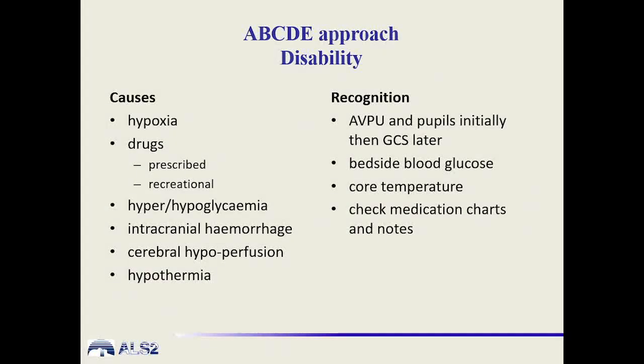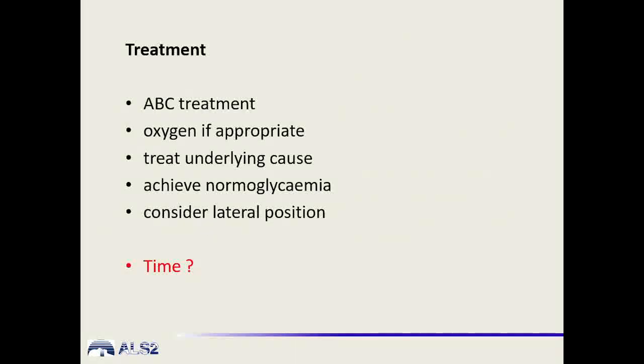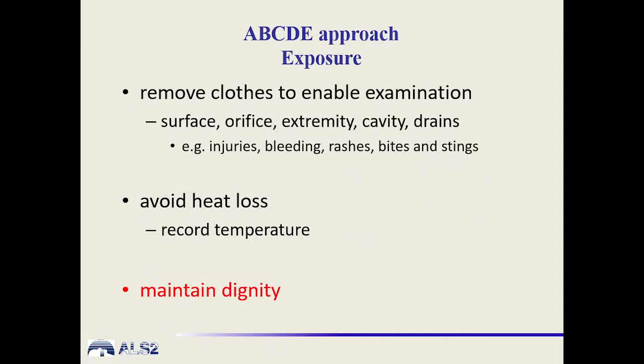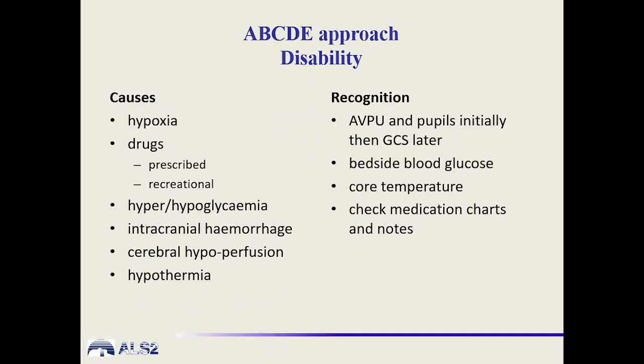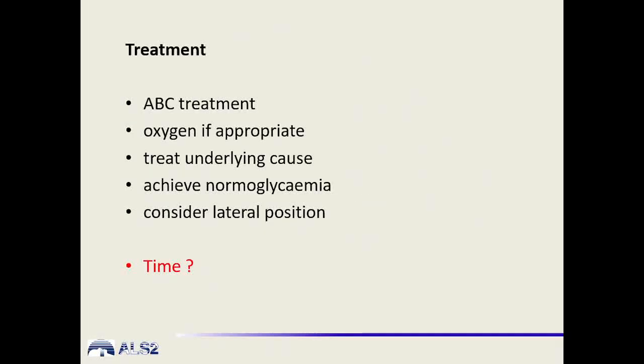I'm going to go quick because I have only 2 more minutes now. Right. So how are we going to do the disability, APVU, and if the patient is unconscious, definitive way, and you have to look after the hypoglycemia, hypothermia, and the secondary brain damage issues.